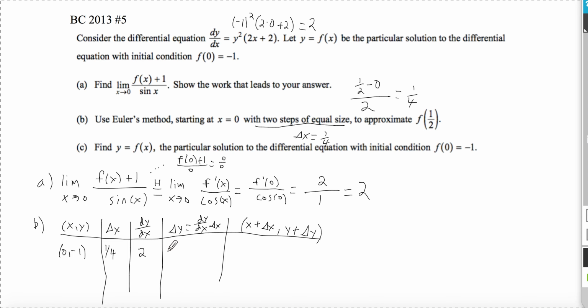That means delta y is going to be equal to 2 times 1/4, which is 1/2. So for my new point, 0 plus 1/4 will give me 1/4, comma y, which is -1 plus half, giving me -1/2. Here's my new point.